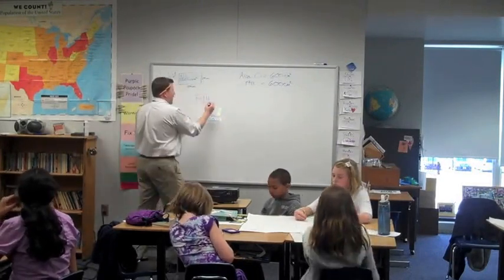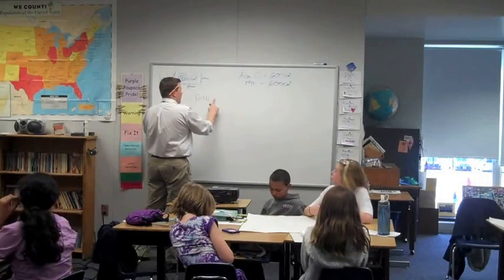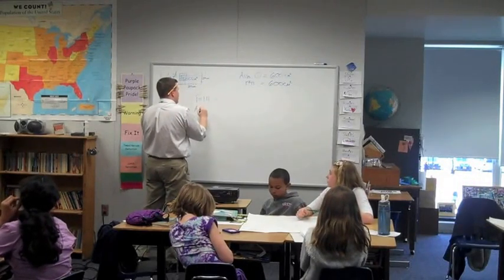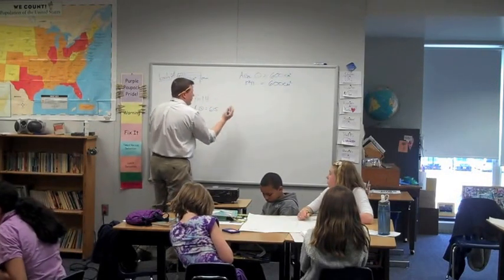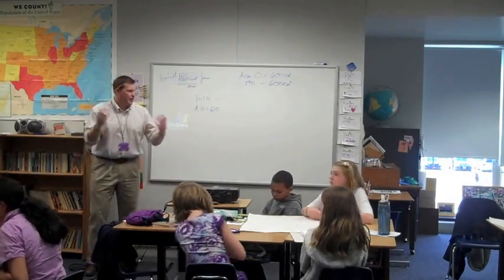Okay, so if our radius is 14, then the area of the circle would be 615 and something a little bit more.